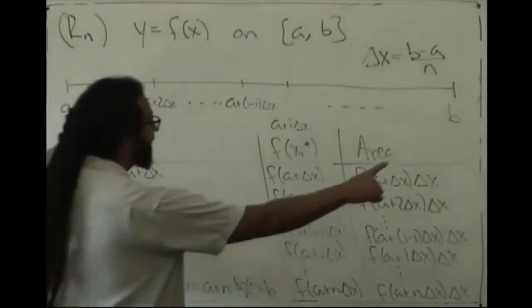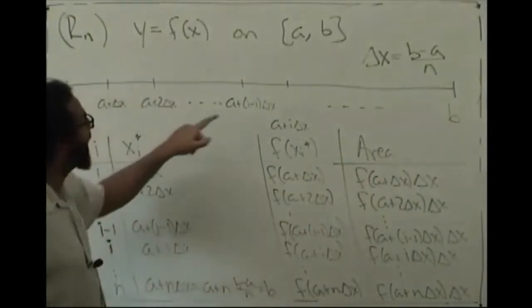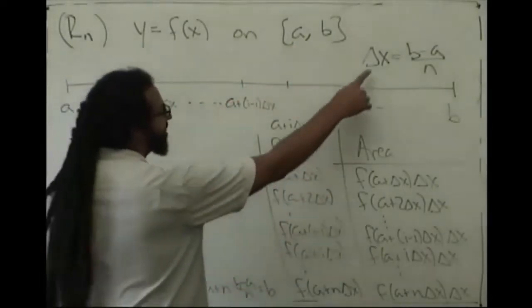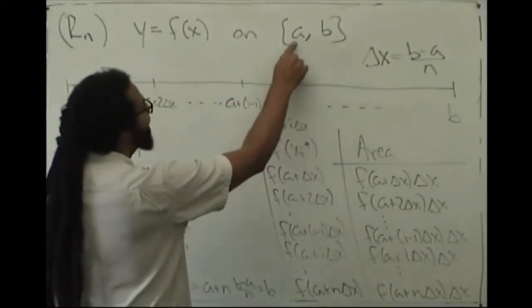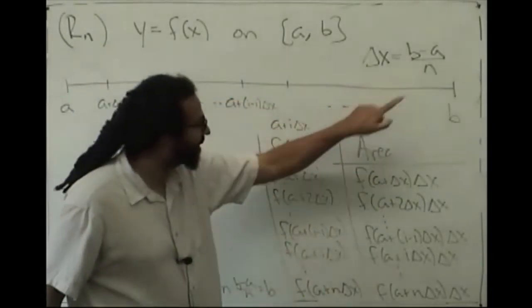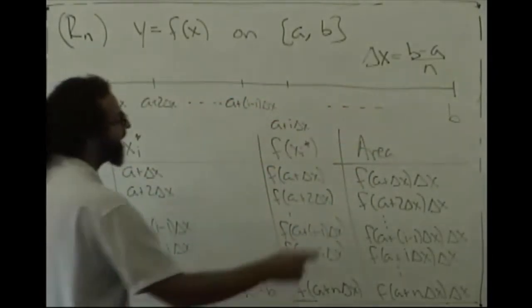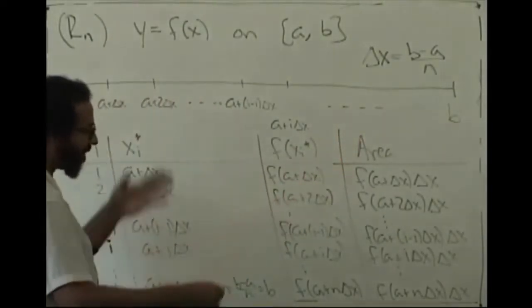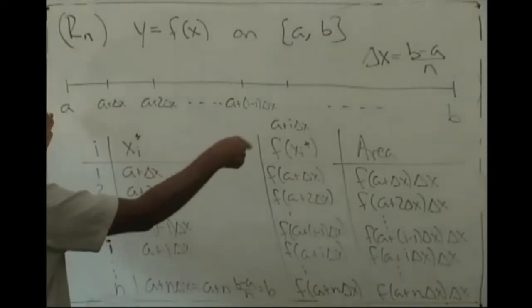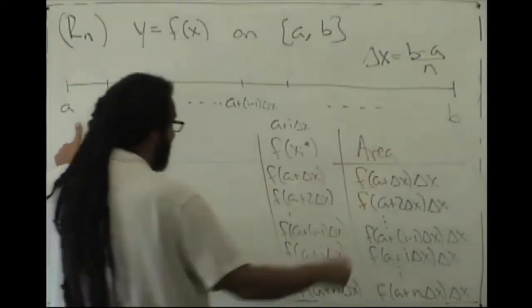So we take our interval from a to b and cut it up into n equal parts. So my delta x, as always, is b minus a divided by the number of rectangles, in this case n. So once I get the width, I just start at the left endpoint and keep adding the width to itself over and over again until I reach b.